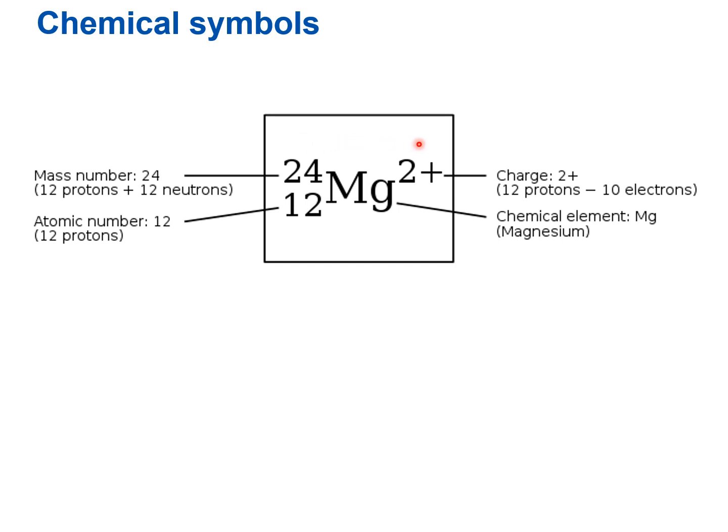Over on the right-hand side, upper right, is the charge. Now, in this case, we're looking at something that has had 2 ionizations, so it has a charge of +2. And so what's leading to that charge of +2 is the 12 protons, and then it's got 10 electrons. So the 12 positives plus the 10 negatives gives us a charge of +2. And of course, the chemical symbol, each element has a symbol that's either 1 or 2 letters. In this case, magnesium is Mg.